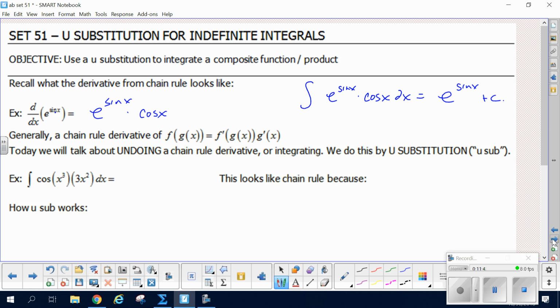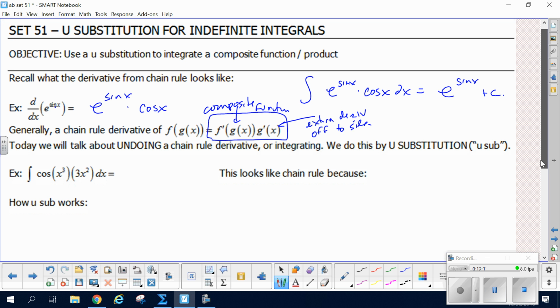U substitution is a technique of compartmentalizing, breaking it into little pieces that makes a bigger problem easier. It goes like this. First of all, remember that when you get a chain rule, you'll get a product where you'll see a function within a function. Chain rule is a composite function, or a function within a function, and you'll have this extra derivative term hanging off to the side as a product, right?